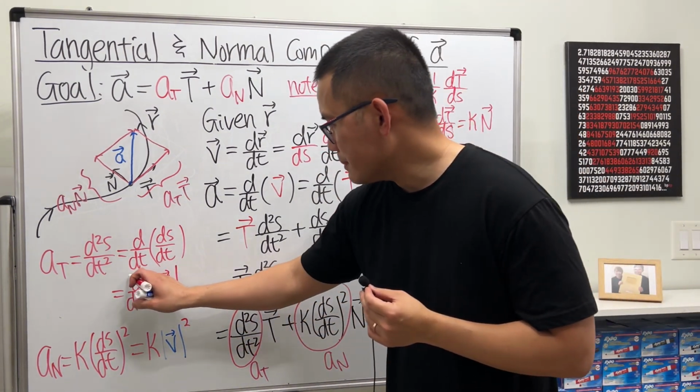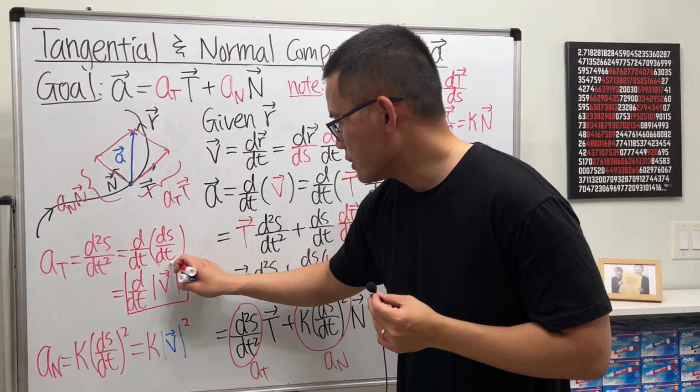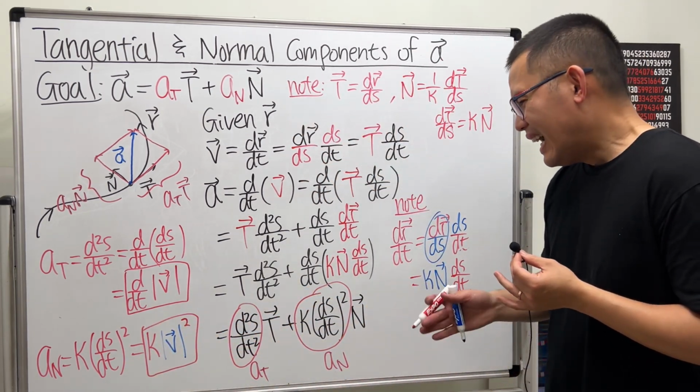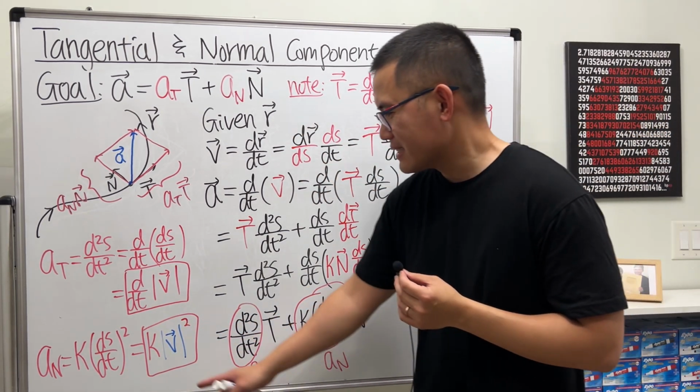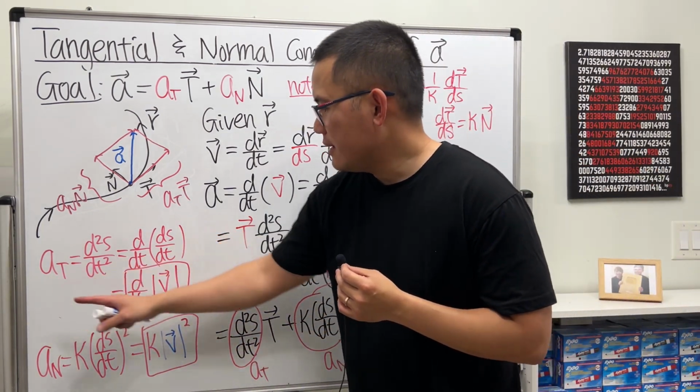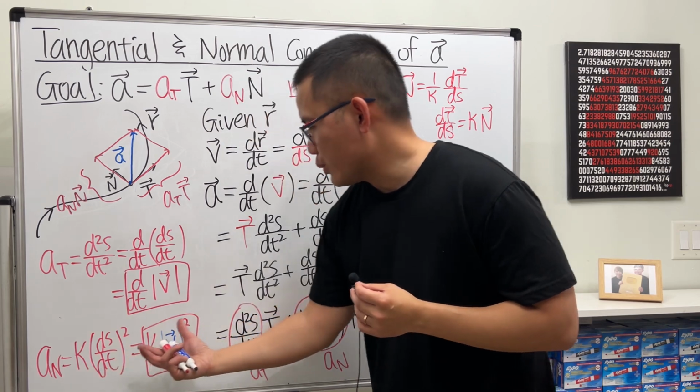Okay, so perhaps this right here will be the useful one. Likewise, this right here will be the useful one. Technically not really, because it's not easy to find kappa, right? But for now, AT is equal to this, AN is equal to that.